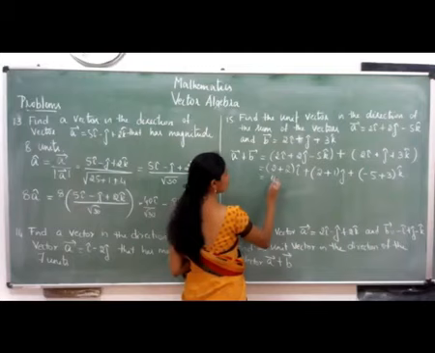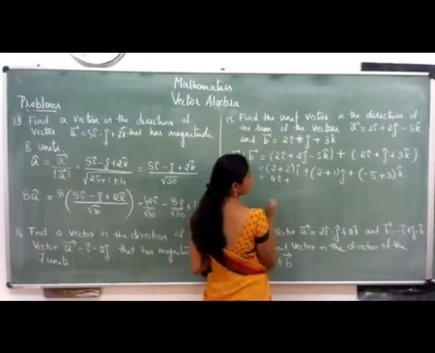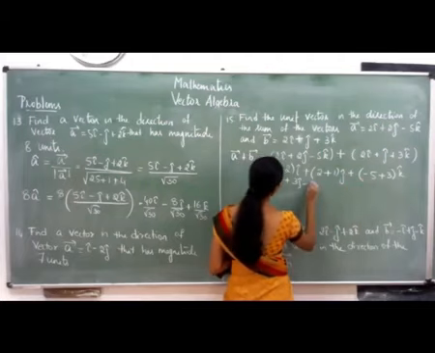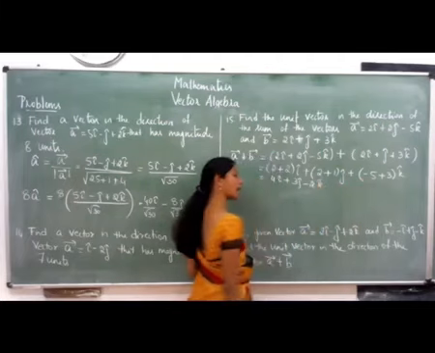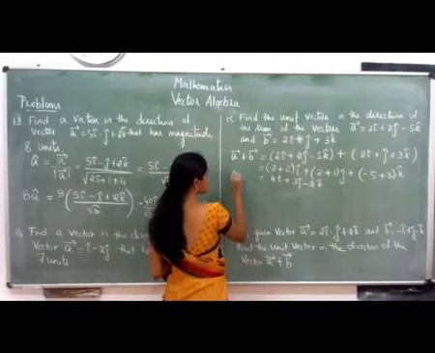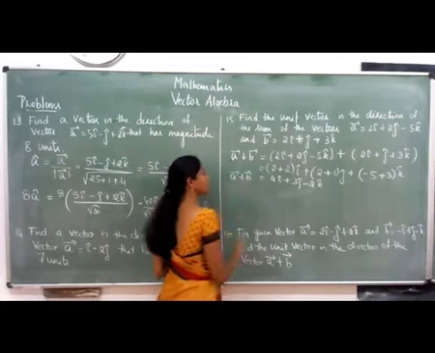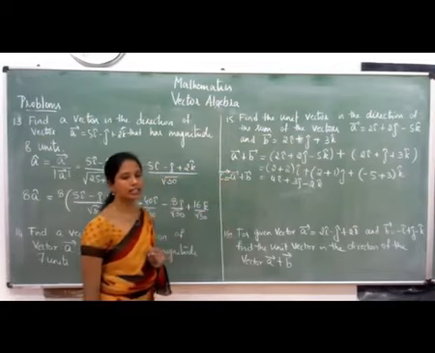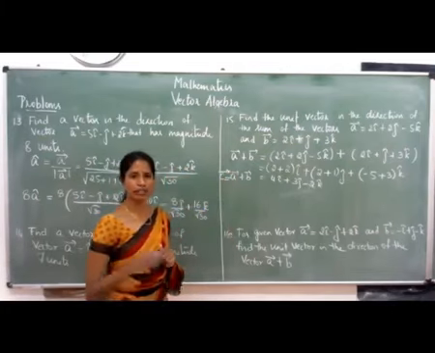Therefore this will be equal to 4i cap plus 3j cap minus 2k cap. So this is vector A plus vector B. Let me call this vector C.